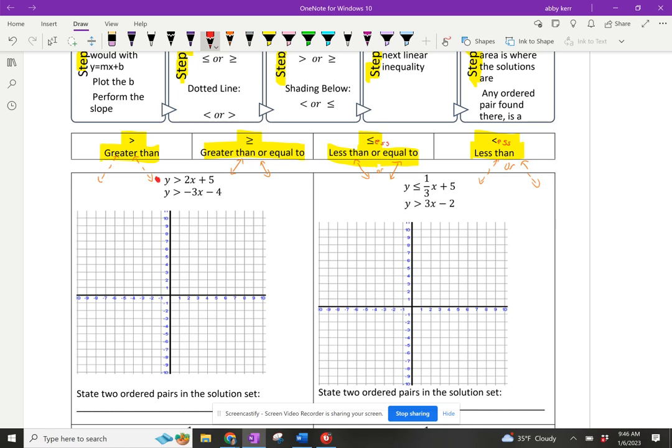So it says y is greater than 2x plus 5. So that means our m is 2 over 1, and our b is 5. So we're going to graph it like a normal y equals mx plus b. So up 5, then up 2, right 1, up 2, right 1.